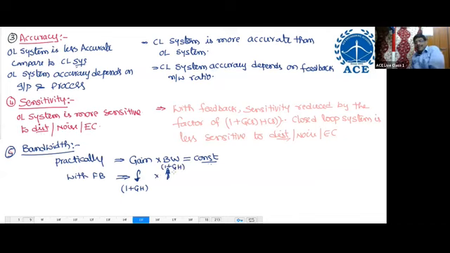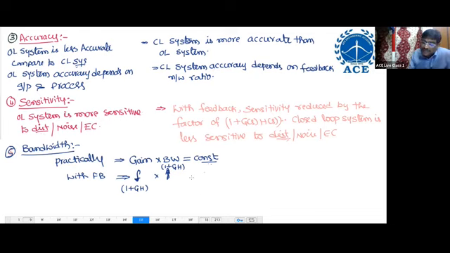That means closed loop system bandwidth is more, large bandwidth. So with the feedback, bandwidth of the system is increased. Yes or no? Which system has more bandwidth?